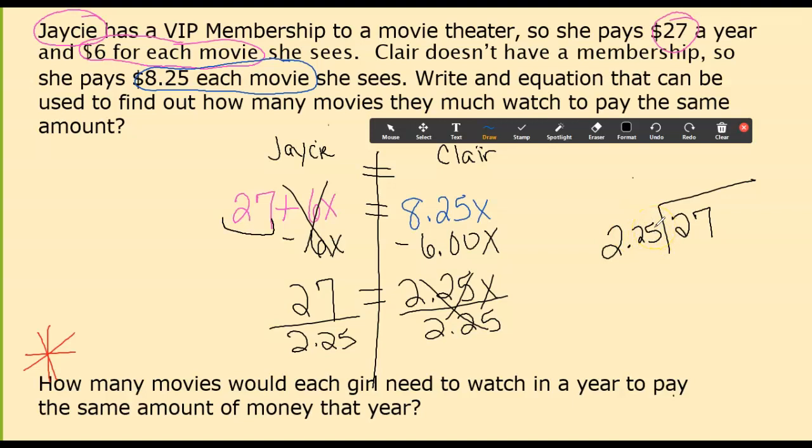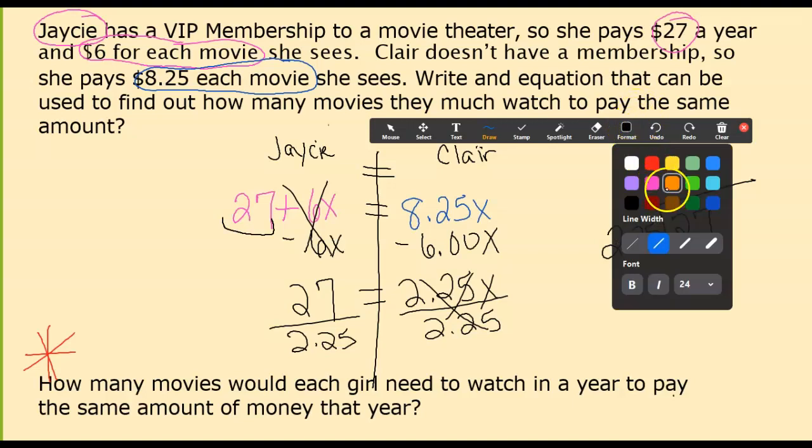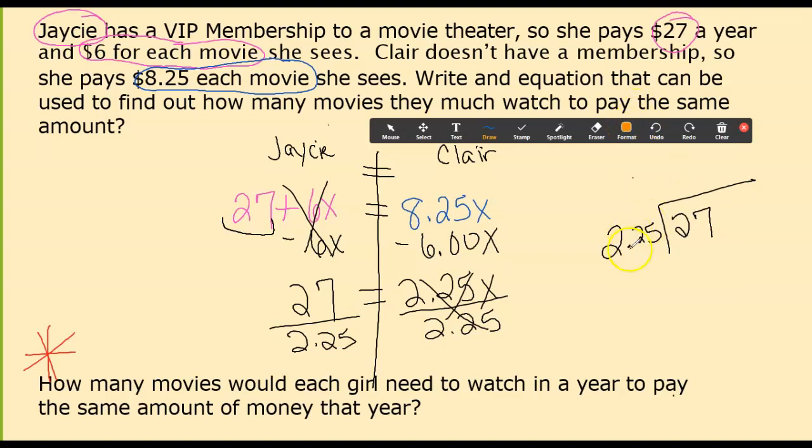Can I ever have a decimal outside the division house? No, we sure can. I see a lot of head shaking no's. I like it. So I have to move the decimal point until I get a whole number. That means I move it once and twice. But what I do to the outside, do to the inside. Move it once, move it twice.